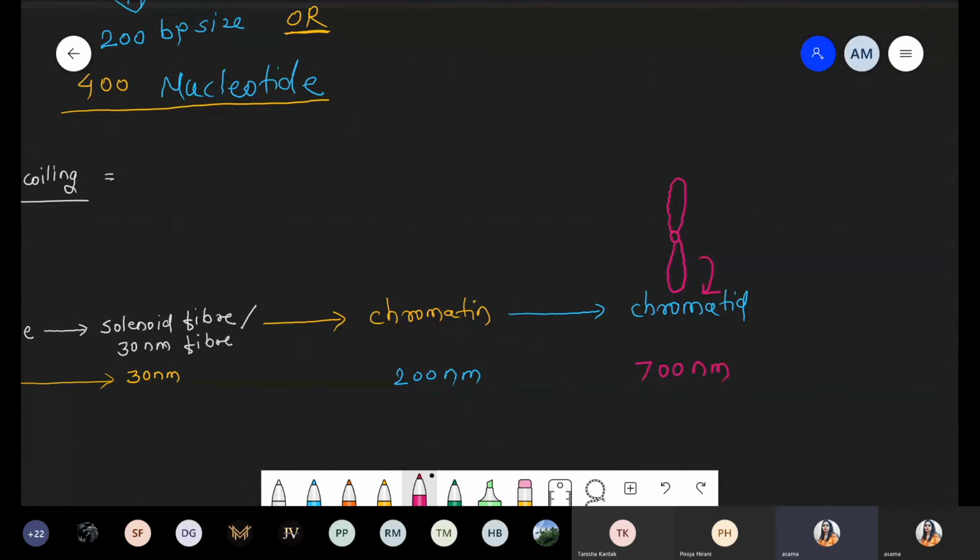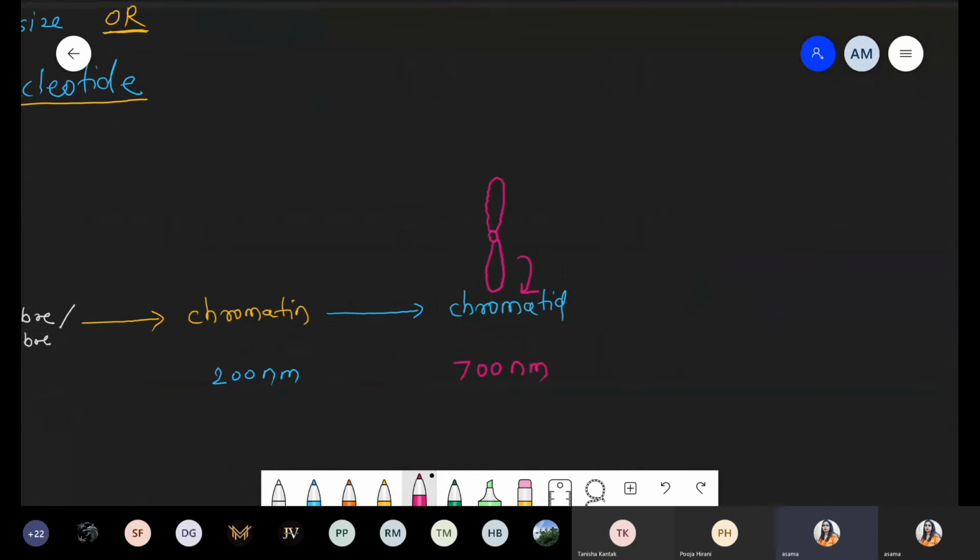The final, highly compact structure is the chromosome, the highly condensed structure of genetic material. When we draw a chromosome, we represent the presence of 2 chromatids, 1 and 2. This is the typical structure of a chromosome.